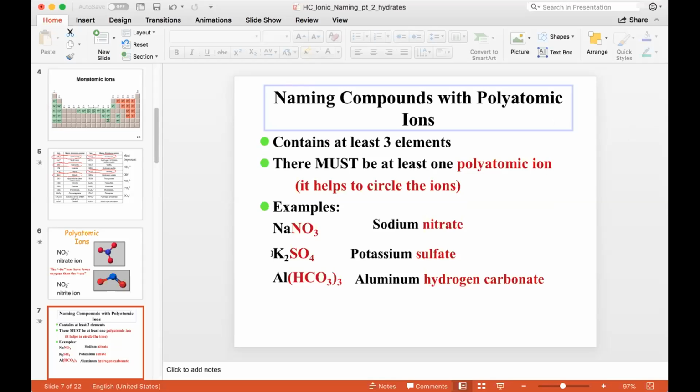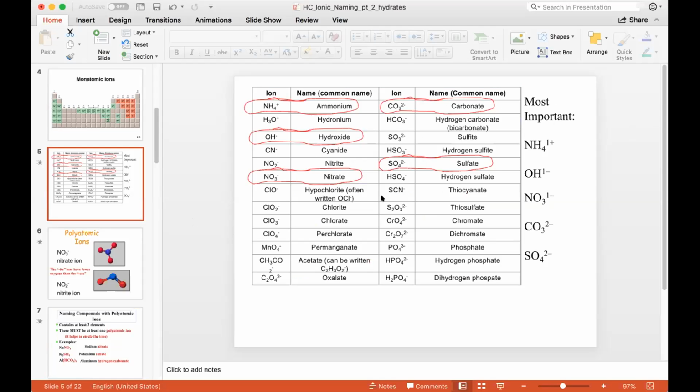Here's K2SO4. So one way to know how the name comes about is because this contains 3 or more elements, you can think about the SO4 and take a look on here, and you'll find this SO4 is the sulfate anion.